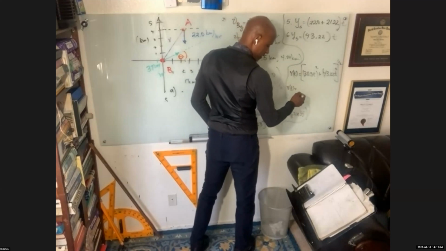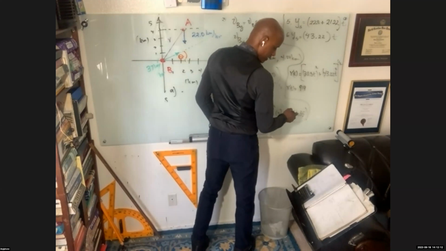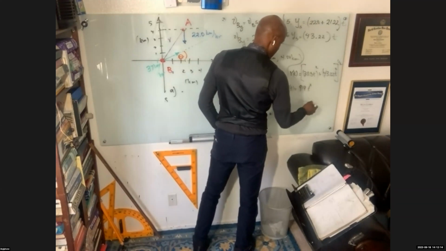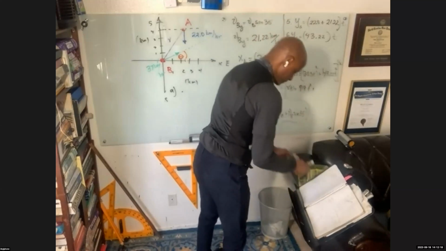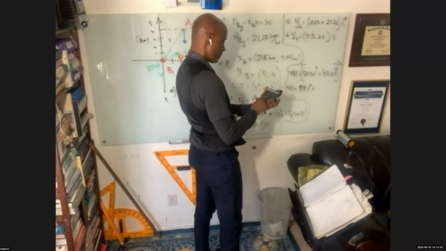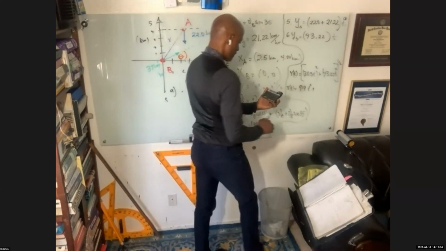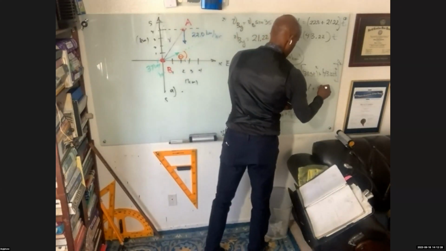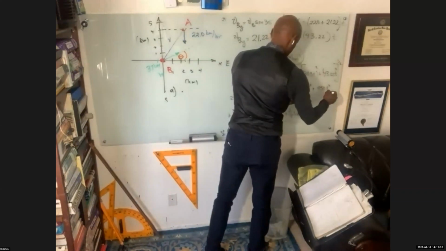So 919 T squared plus, we call this guy squared, 450 T squared, to the 1/2.